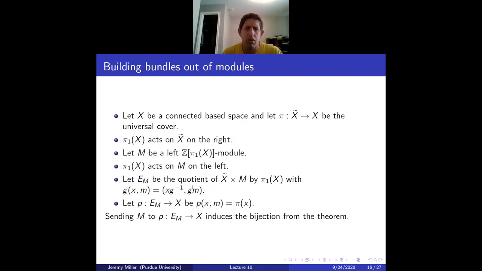It is empirically true that in algebraic topology, Z[π_2 of X]-modules never appear, so there probably isn't a good statement just with that.